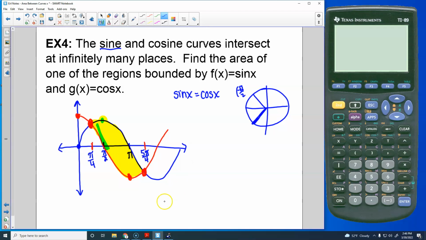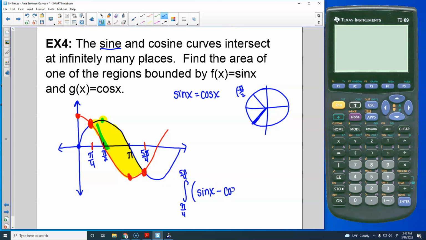So we would need to integrate from pi over 4 to 5 pi over 4. And then the top function is my sine function. The bottom one is cosine.